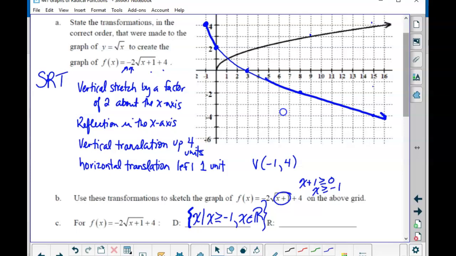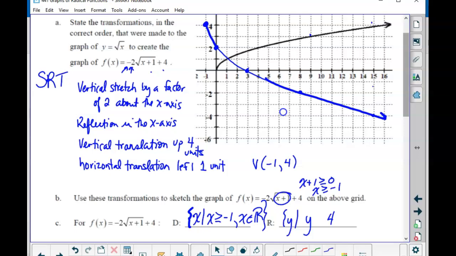Then for the range, the smallest value you can get for this is 0. -2 times 0 is 0. And so your important point there is 4 for y. So you might have y and 4. Is it going to be greater than or equal to 4 or less than or equal to 4? That depends on the reflection.